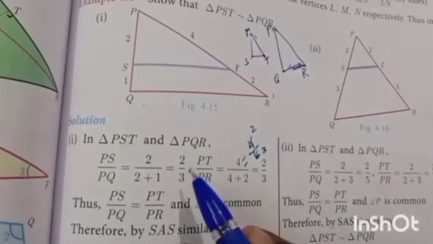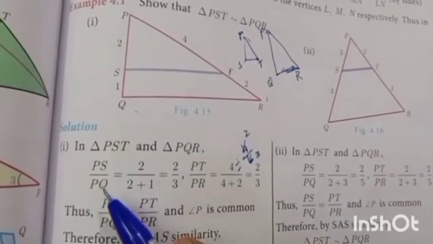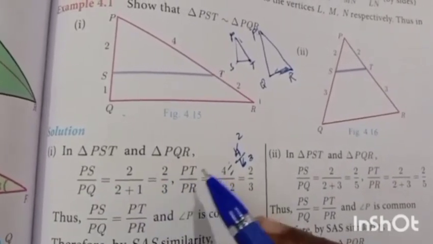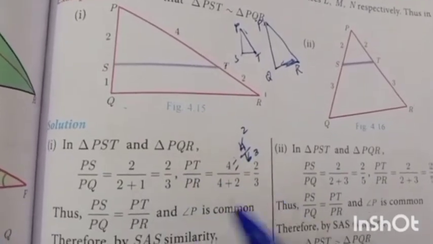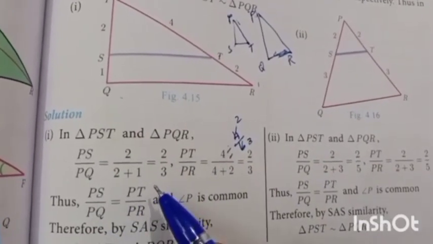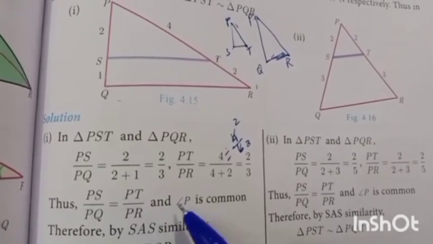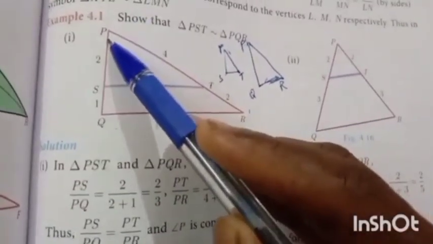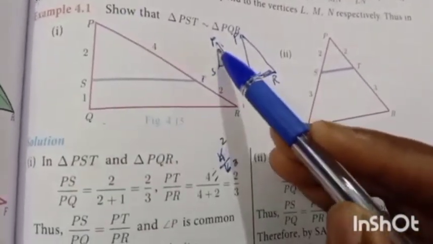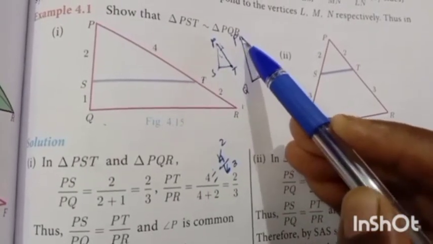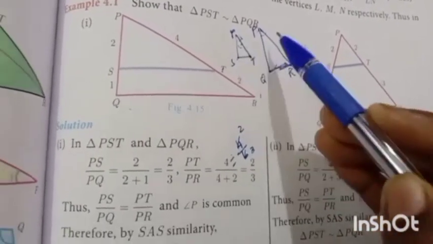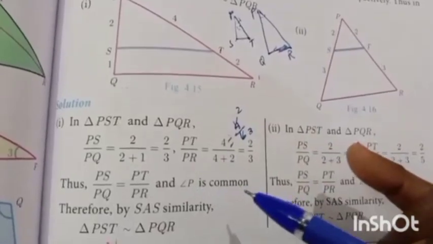So we conclude that PS by PQ is 2 by 3 and PT by PR is 2 by 3. So PS by PQ is equal to PT by PR. And angle P is common to both triangles, so we have to write angle P is common.